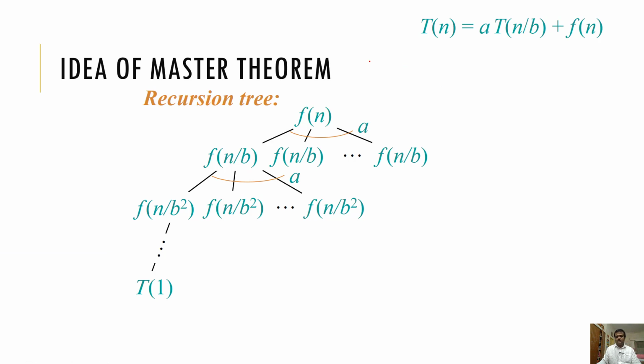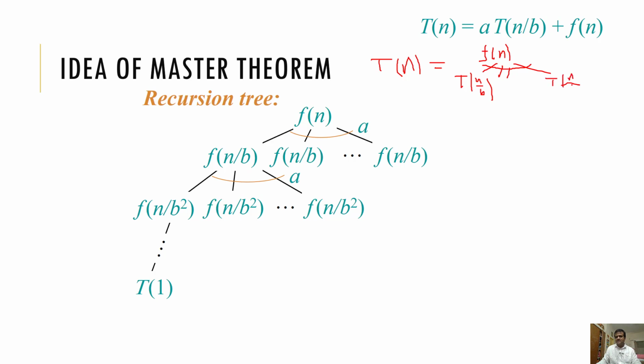So Tn is basically this: we have this Fn for merging or combining, and we have a many subproblems, and these are all subproblems of size n by b, T of n by b.